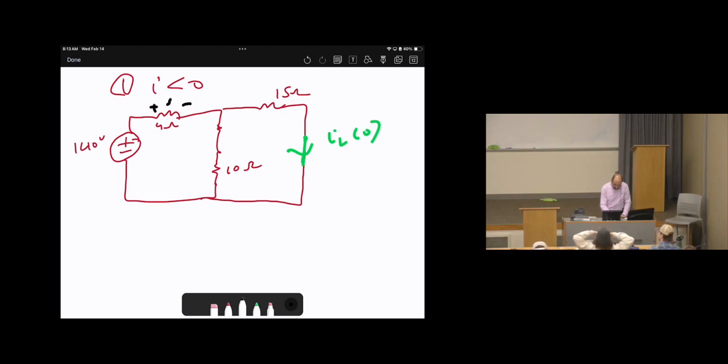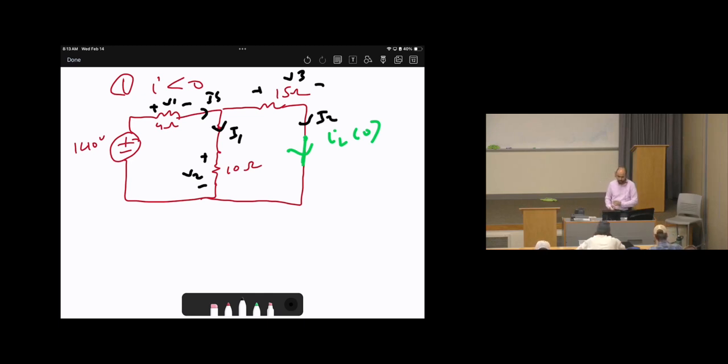So plus minus V1, plus minus V2, plus minus V3. Here is I source, I1, and I2, which is the same as IL of 0. But we don't know all of the currents. We don't know IS, I1, I2. We don't know V1, V2, V3. Okay. So even doing KCL, KVL, they are not a good idea, because we have multiple unknowns.